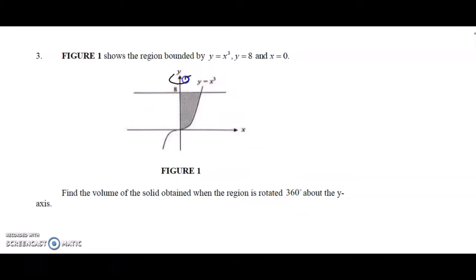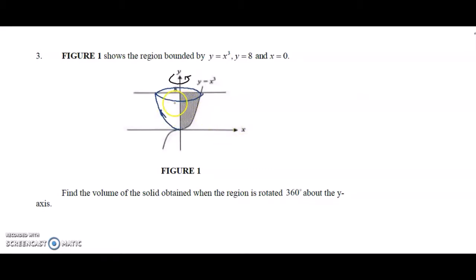Meaning that if the shaded region rotates about the y-axis for 360 degrees, we're going to form a solid like that. This is a solid that we will probably get if the region is rotated about the y-axis.